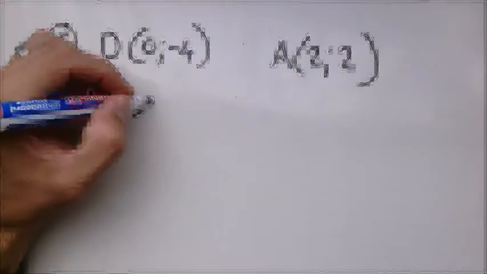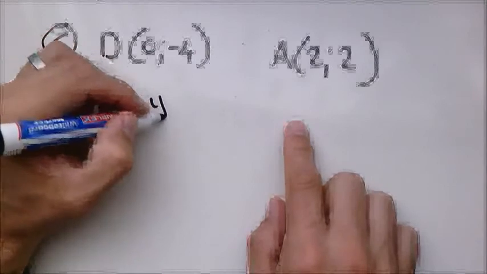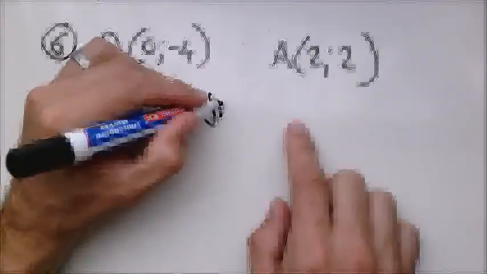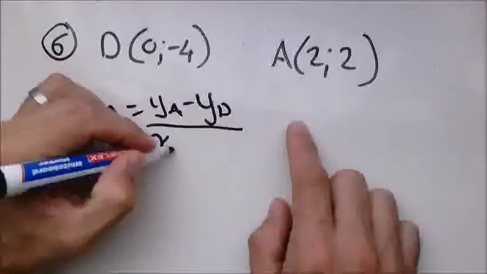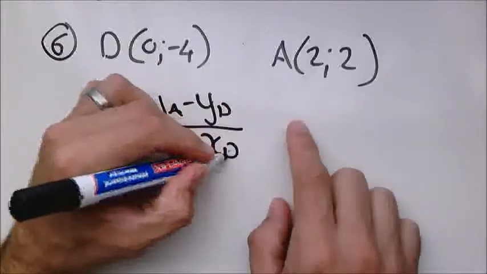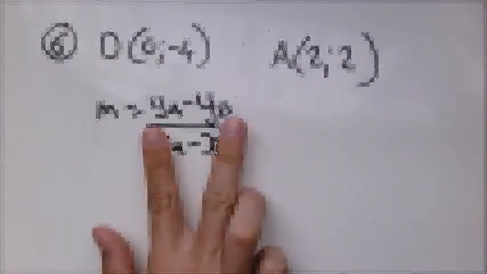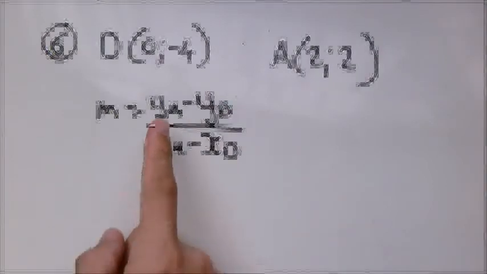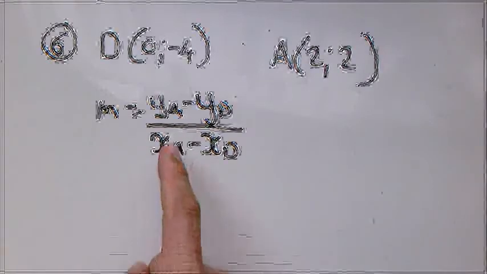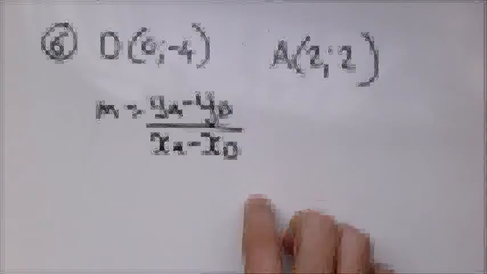So now let's say ya minus yd over xa minus xd. You can swap these two around as long as you have the a's on top of each other and the d's on top of each other. Okay.